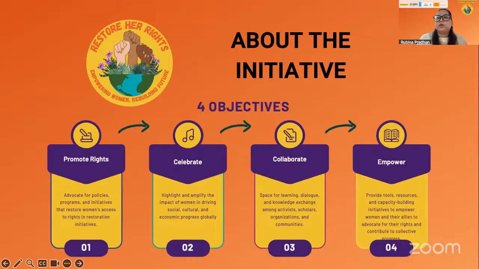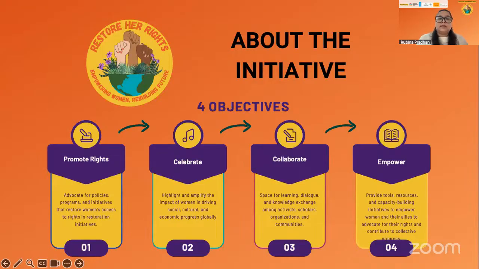There's so much work being done on the ground, but the space to showcase it is difficult. So Women for Biodiversity has been working with a lot of women and Indigenous peoples and communities to amplify their voices, not just on a local scale, but at a national and hopefully a global scale as well.